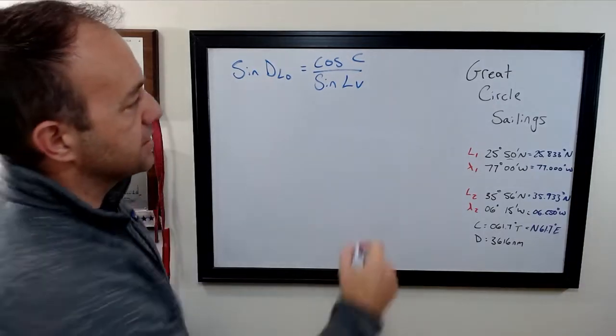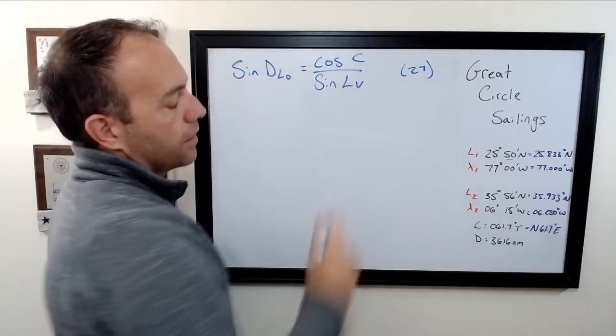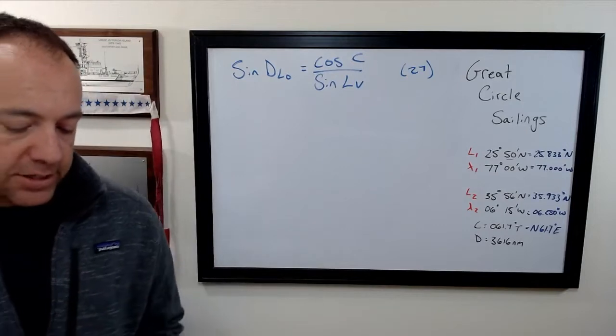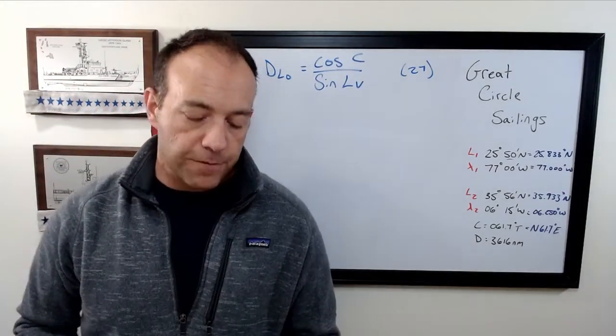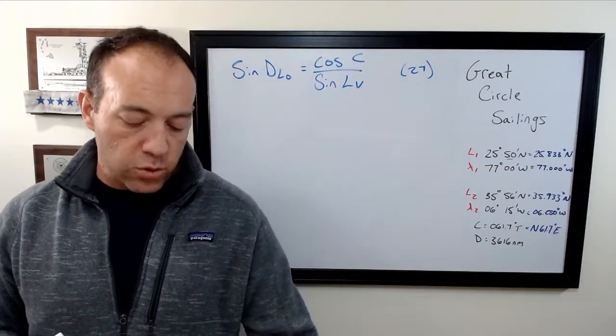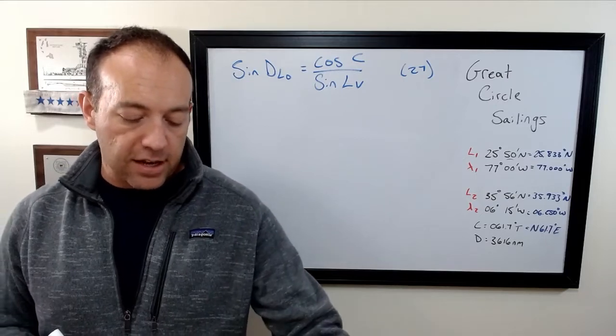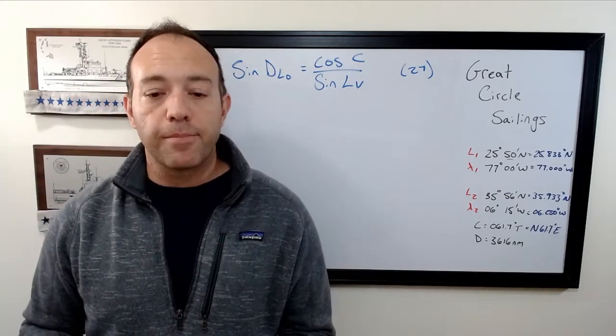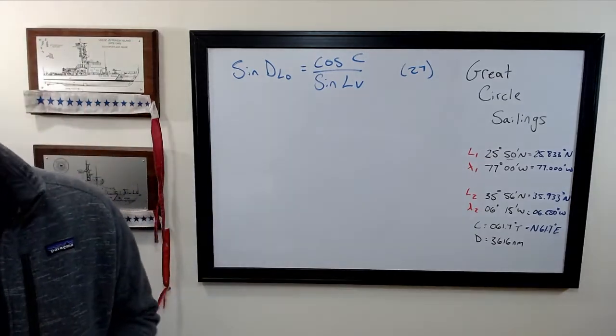In Bowditch, this is equation 27. The previous one for the latitude of the vertex was equation 25. All these equations are in the 20s and 30s that we're going to deal with tonight, so that's the place to look in Bowditch.